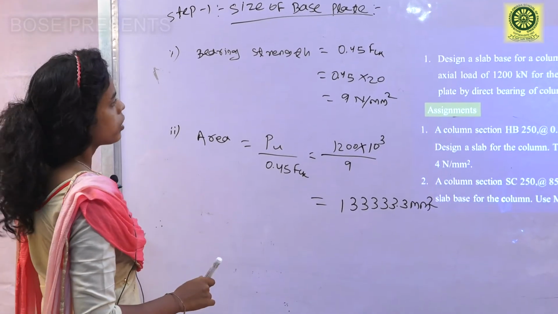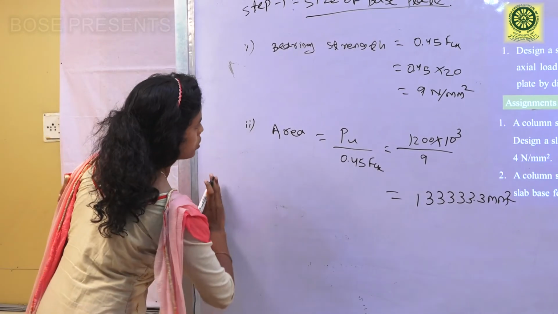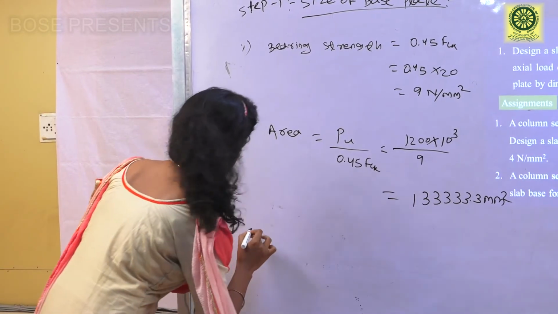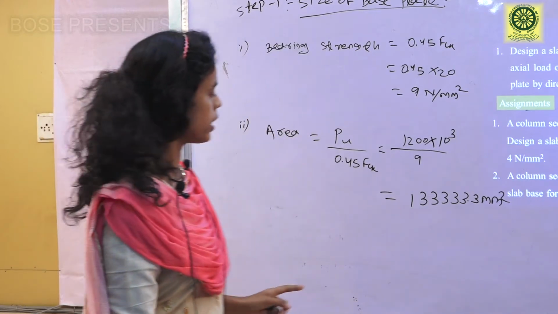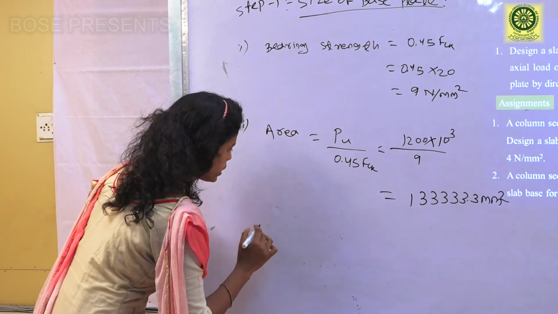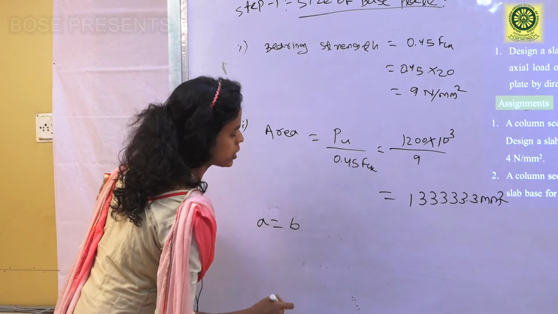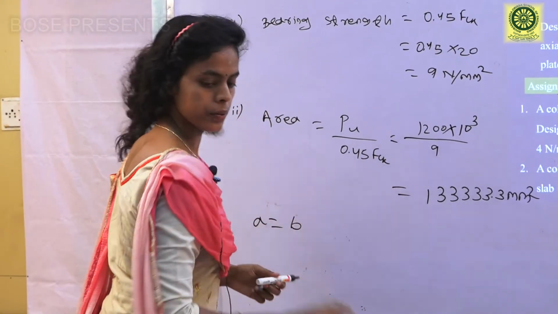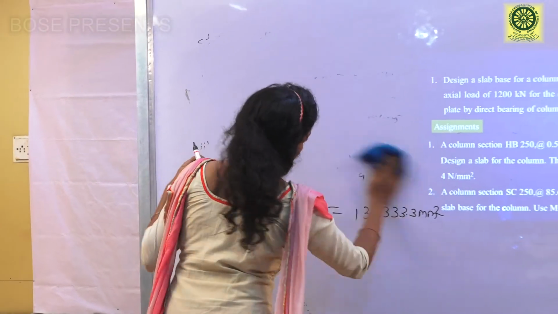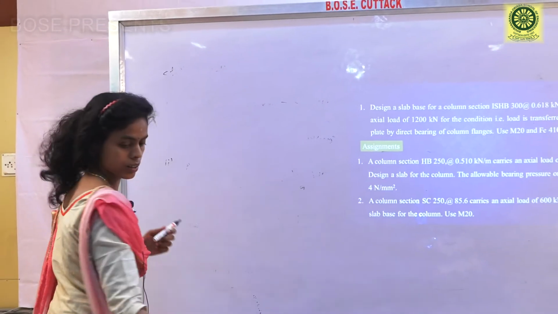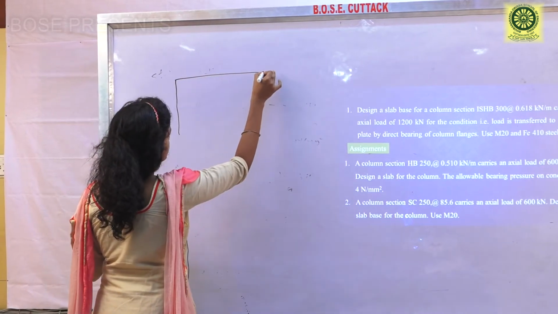So from the area we have to calculate the size of base plate. For economy, as I already mentioned in the previous slide, we have to keep the projections the same. Suppose it is a slab base.